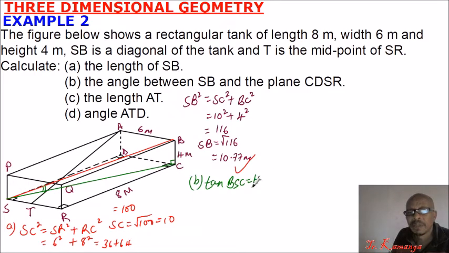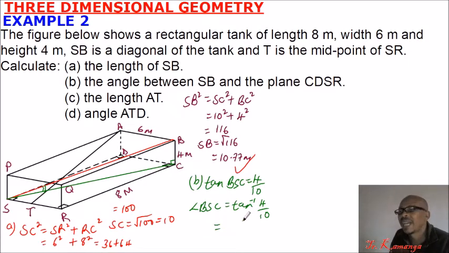So it is 4 divided by our SC, which is 10, which we have calculated there. So angle BSC is equal to tan inverse of 4 over 10. Using your calculator, you get that the angle is equal to 21.8 degrees. So that is part B of the question.